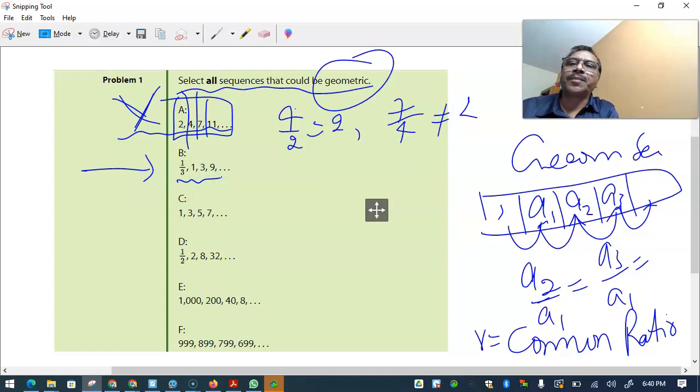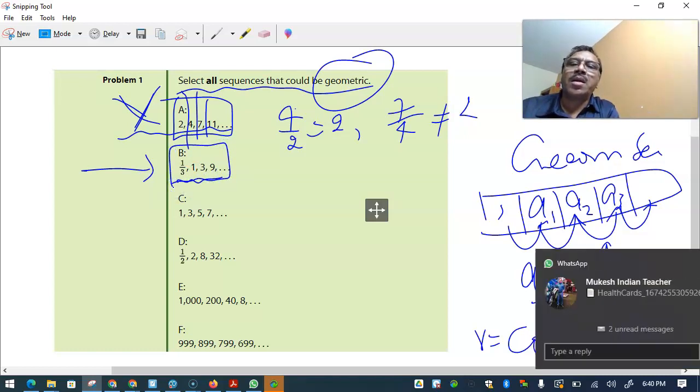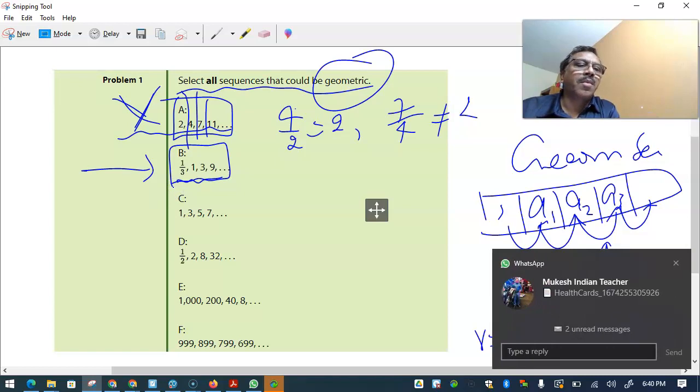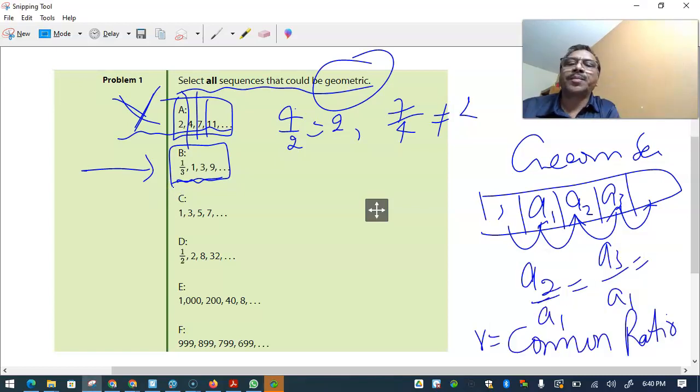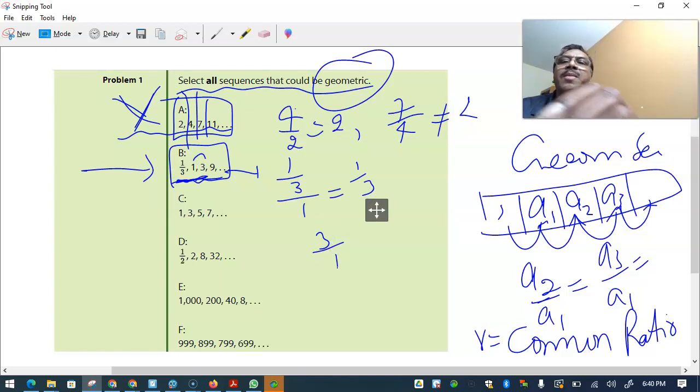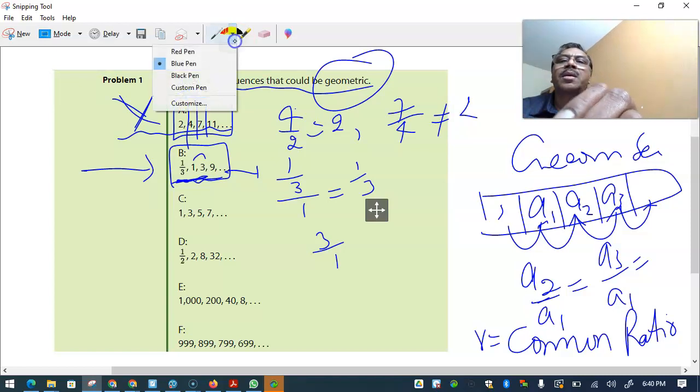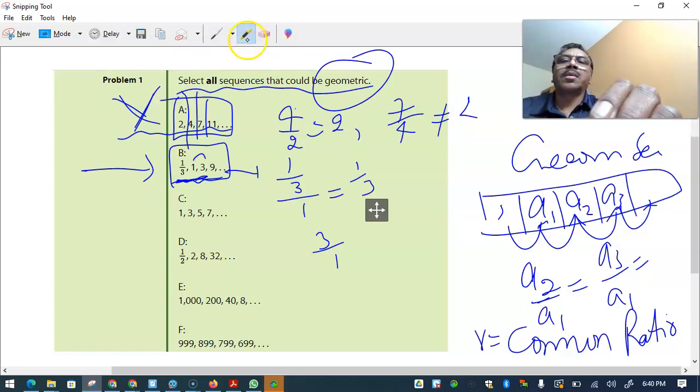Look at the sequence. Every time you see it multiplies by 1/3. Starting from the first, 1/3 divided by 1 is 1/3, right? Then the next one, 3 over 1. Oh, sorry, I made a mistake of the ratio.